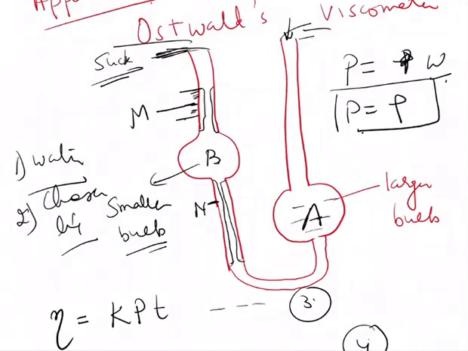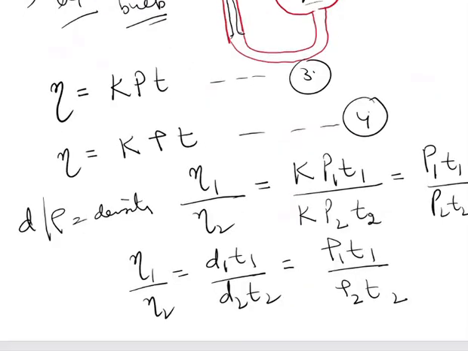A known volume of the liquid is taken in bulb A, and the liquid is sucked from the side where we have bulb B. The time of flow is taken in seconds for the liquid to flow from mark M to mark N, and by using Poiseuille's equation you can find the relationship between eta 1 and eta 2.